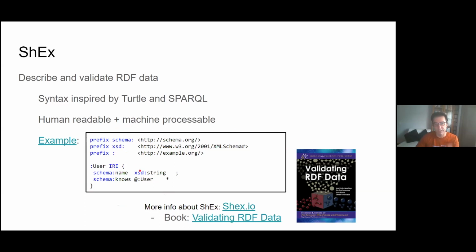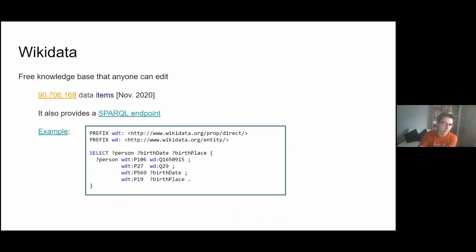So if you have SPARQL endpoints and you want to describe the contents of those data portals, and you want also to validate, then you can use ShEx. In fact, when we started with shape expressions, we were not applying that to Wikidata. That came after that. Okay, but then Wikidata, and that's the nice thing, I think it's not necessary to introduce you to Wikidata. Probably you already know what Wikidata is.